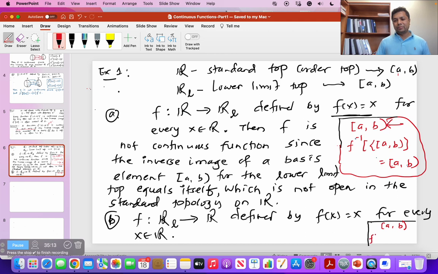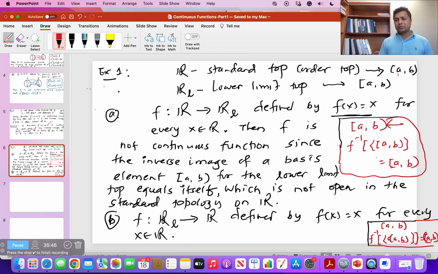If we take the inverse image of this interval, since our function is an identity function, its inverse image is going to be the open interval itself, and this interval is open in the lower limit topology.